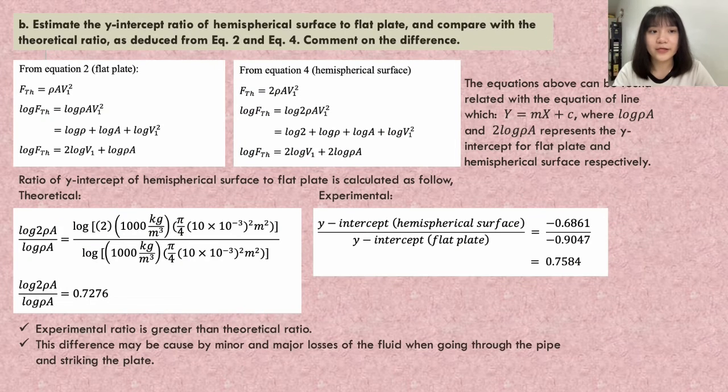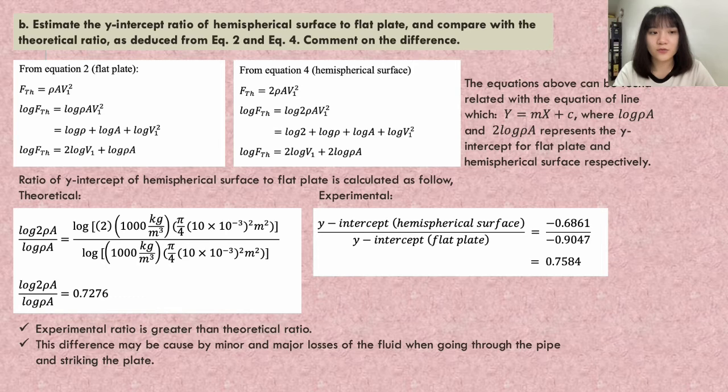For part B, estimating the y-intercept ratio of the hemispherical surface to the flat plate and comparing with the theoretical ratio as deduced from equation 2 and equation 4, comment on the difference. For the flat plate, we will still use equation 2, theoretical force equals rho A V squared.